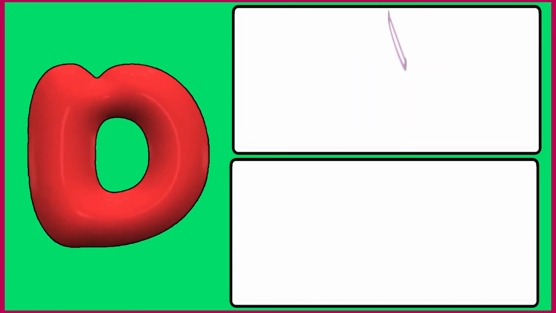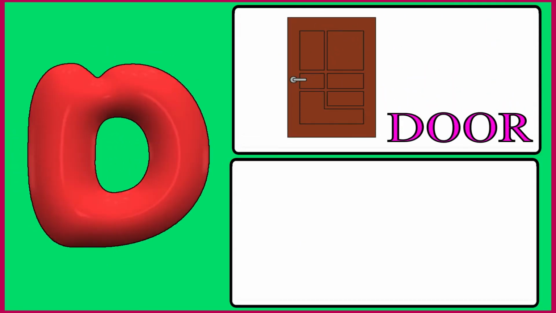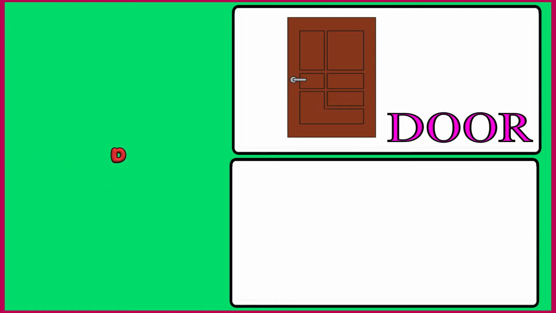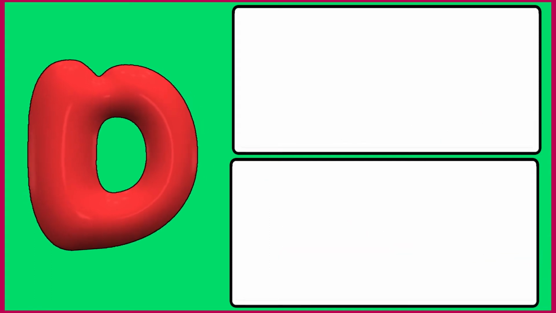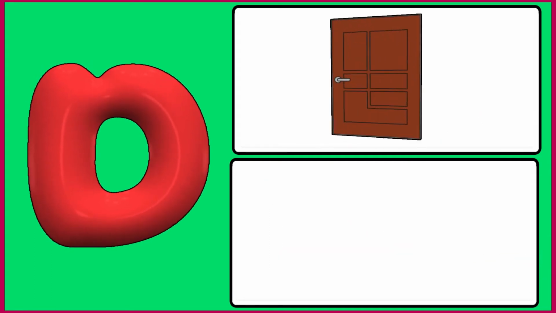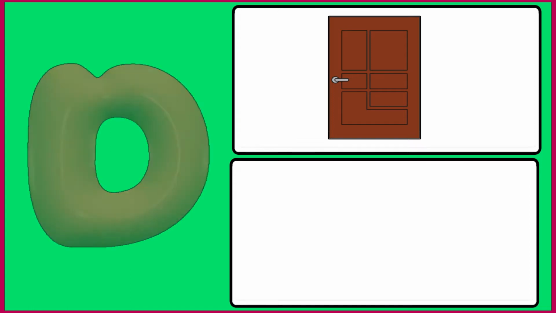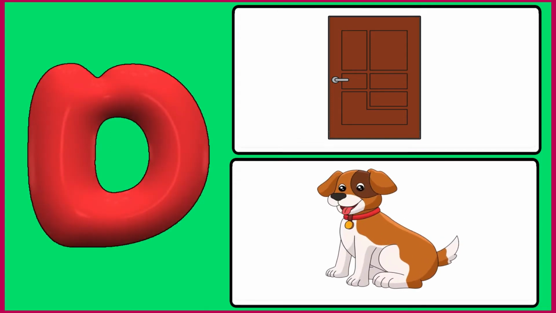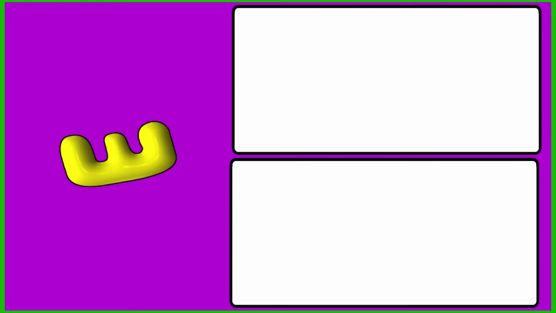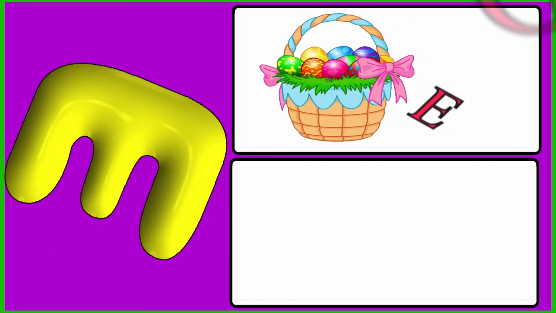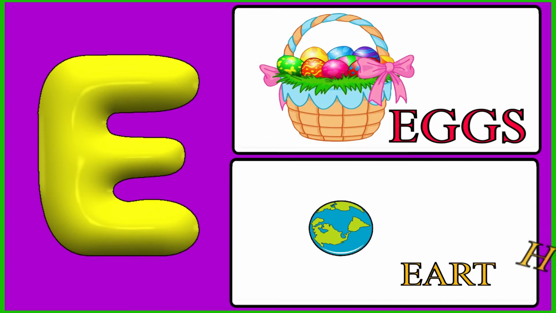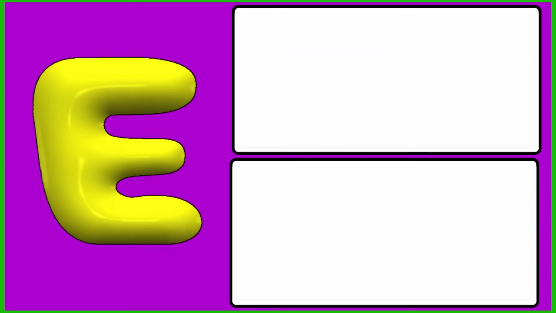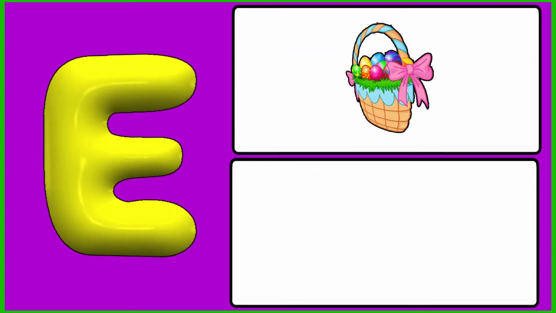D is for door, door. D is for dog, dog. E is for eggs, eggs.